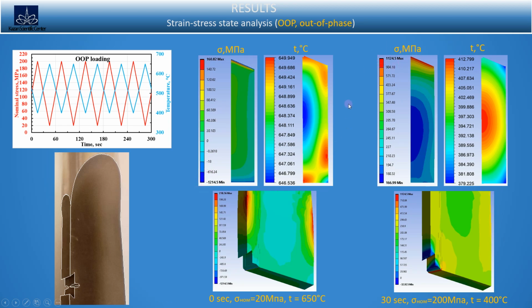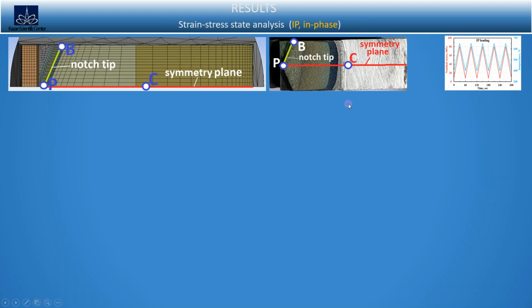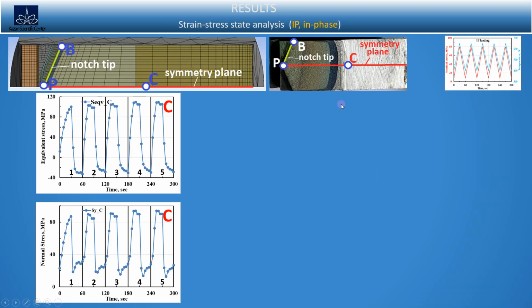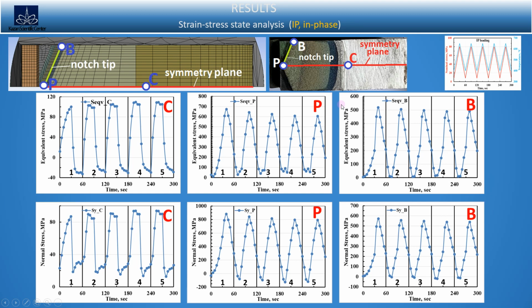The change of stress with time is demonstrated at points C, P and B. To obtain a steady state stress amplitude, it is necessary to perform 3 preliminary heating-cooling cycles. It can be noted that there is a mismatch in the phase of the points of maximum and minimum loading with the nominally specified cycle.